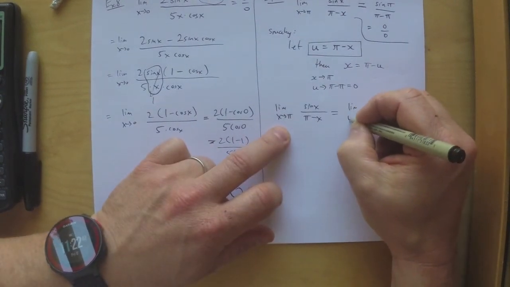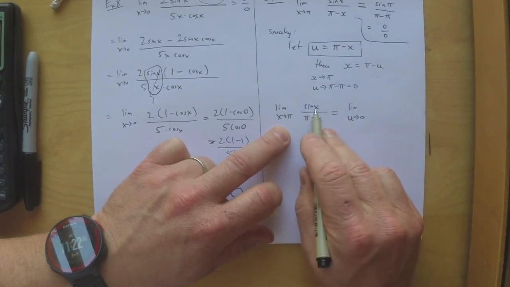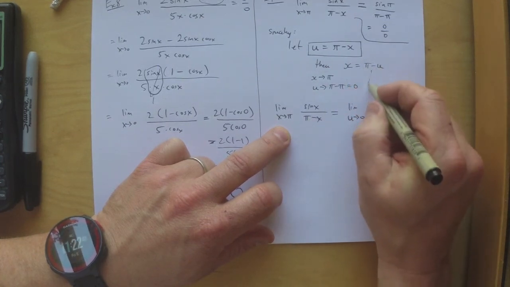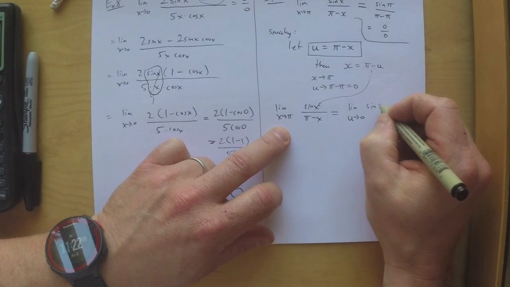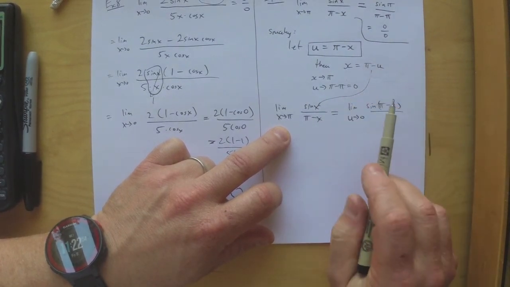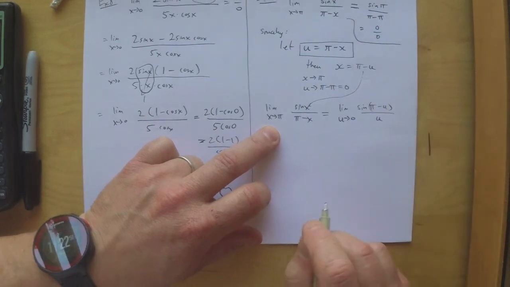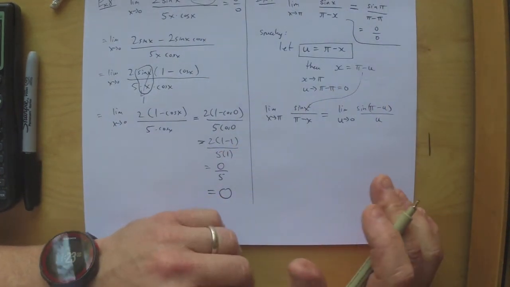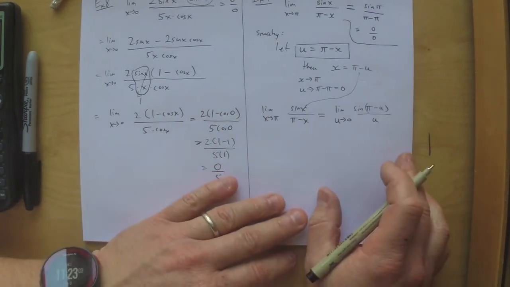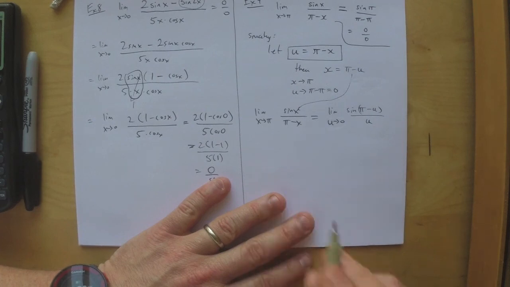Now it becomes a limit as u approaches 0, because I've made the replacement with u. Sine of x gets replaced with sine of pi minus u, and the denominator pi minus x gets replaced with u. Now you might look at that and go, man, you've made it worse. In some ways I have, but at least this is going to 0 now.